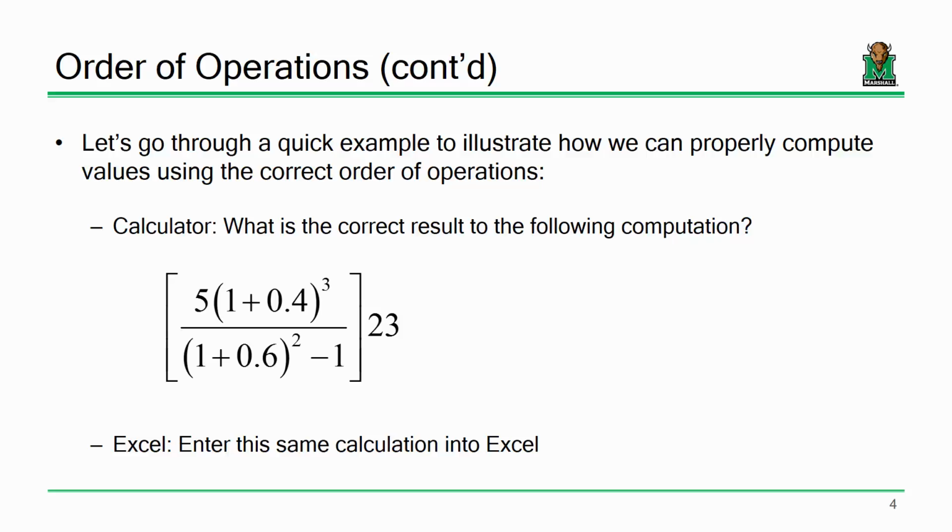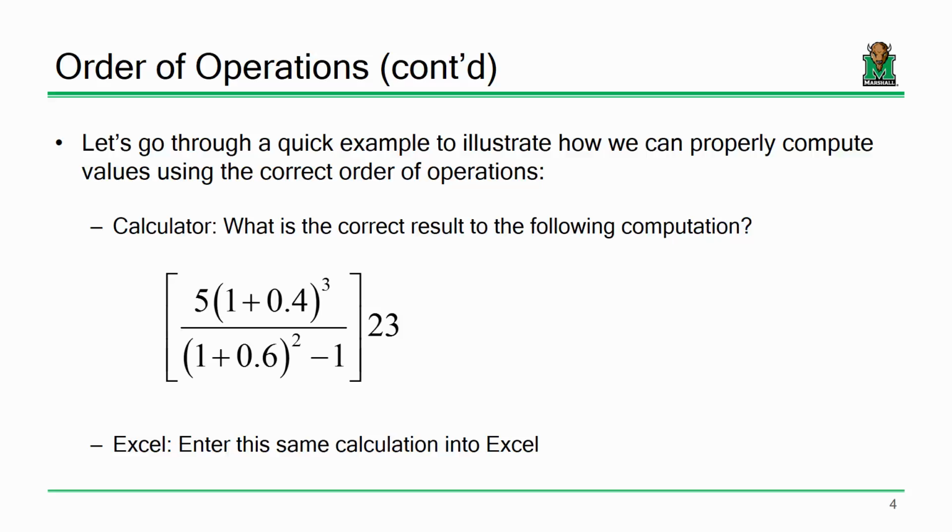Even though addition normally would be low on our priority list, the fact that it's inside the parentheses means that we do it first. So 1.04 to the third power, 5 times that, divided by 1.06 to the power of 2 minus 1, and then a big parentheses, which is the brackets.